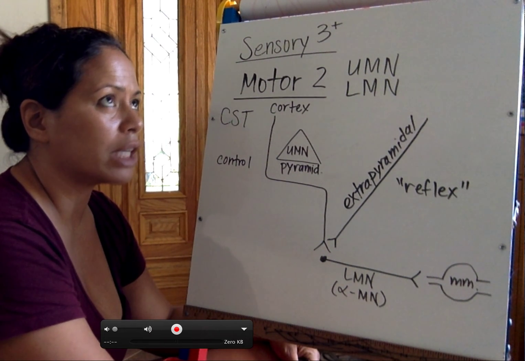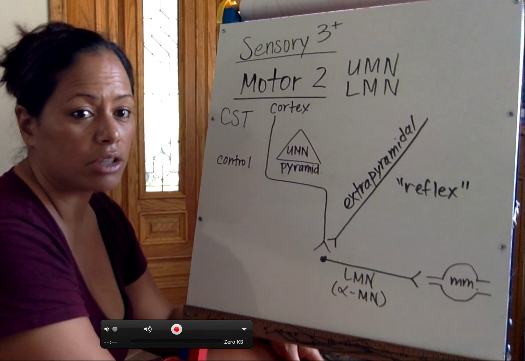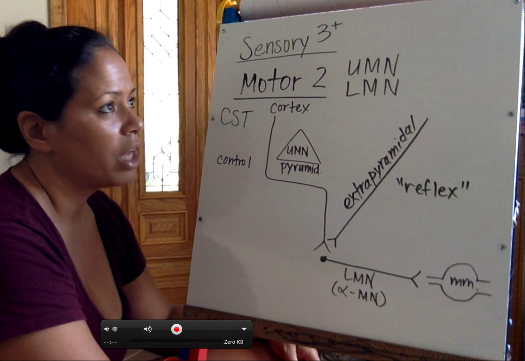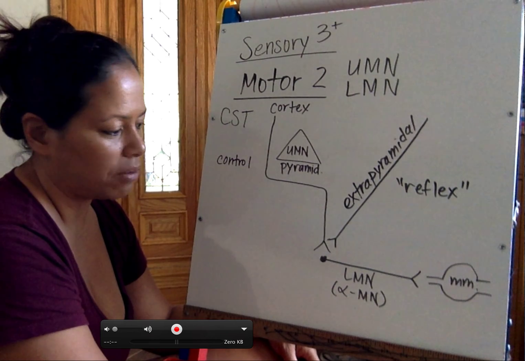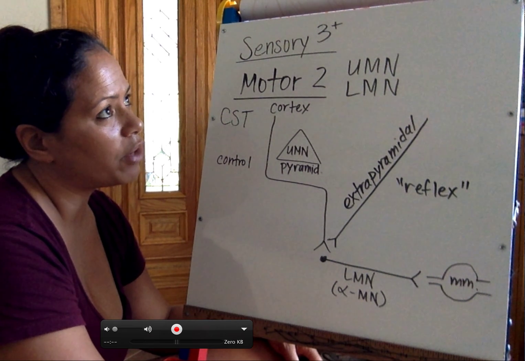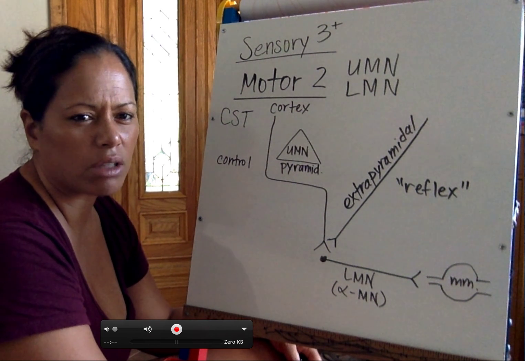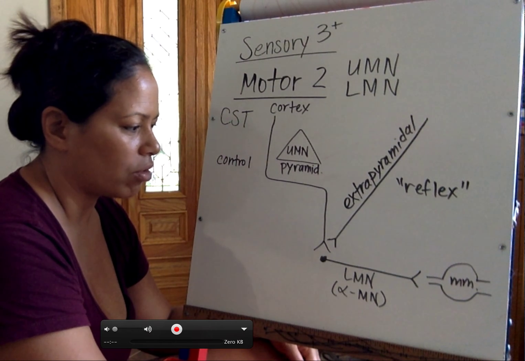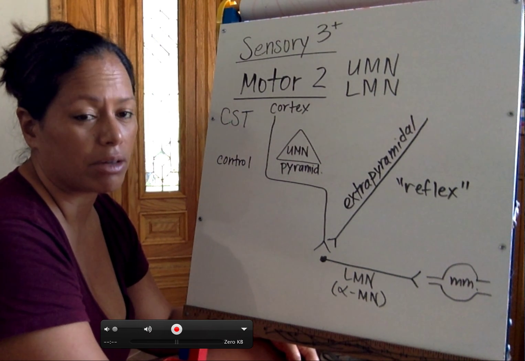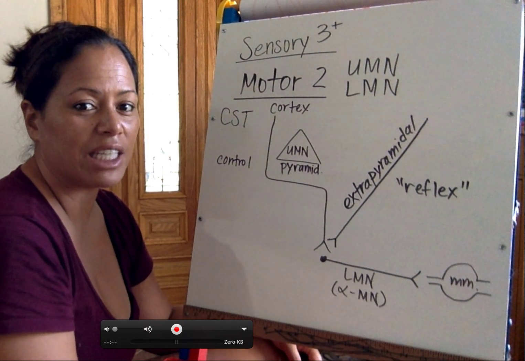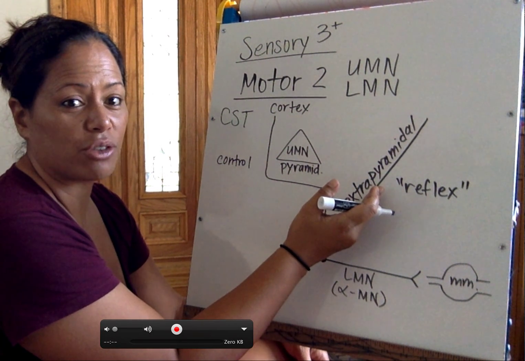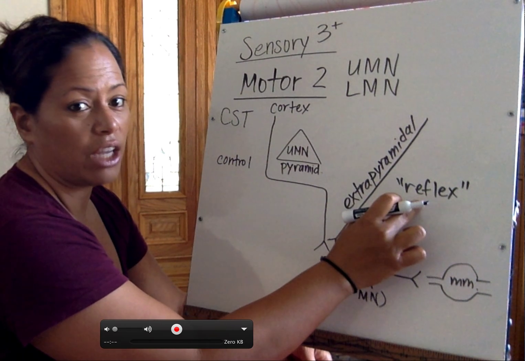If I had a red nucleus, I could call it rubrospinal, starting from the red nucleus. If I had a substantia nigra, I could call it nigrospinal pathway. Or another one, reticulospinal or tectospinal, any kind of spinal. If it's not cortical spinal, then it's extra, and if it's extra, it's a reflex.